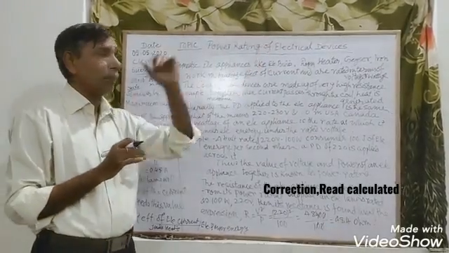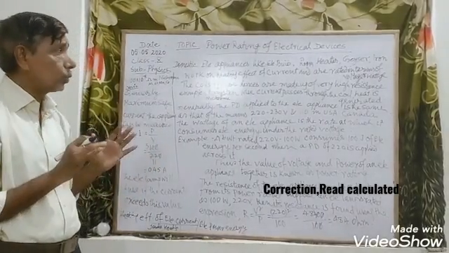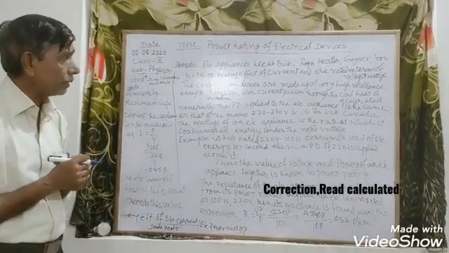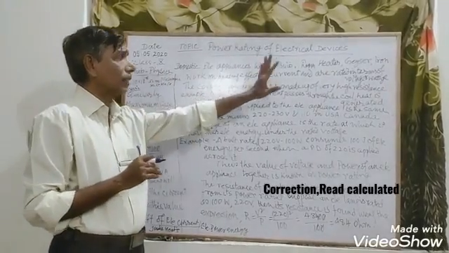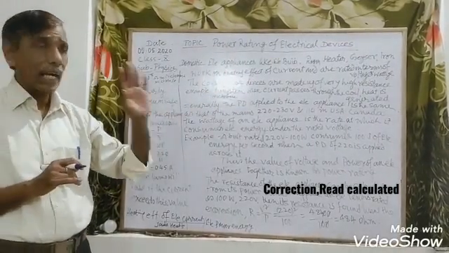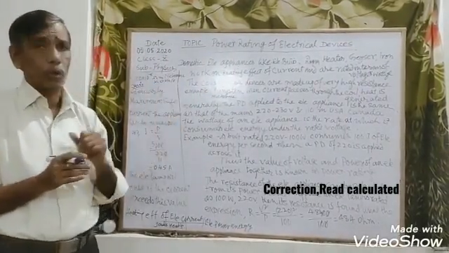These are the appliances generally used in our houses. My dear students, all these appliances, the electric bulb, room heater, geyser, electric iron, electric toaster and so on.